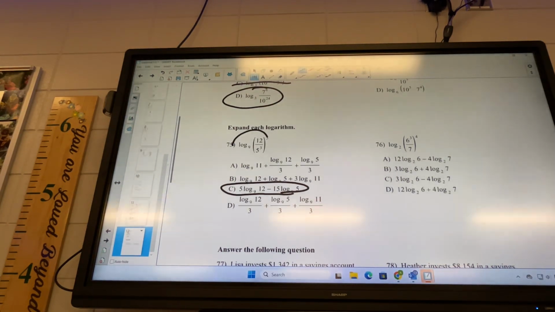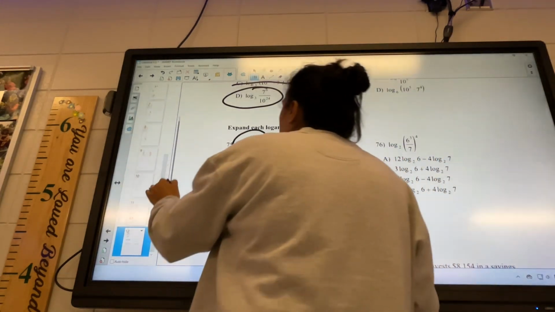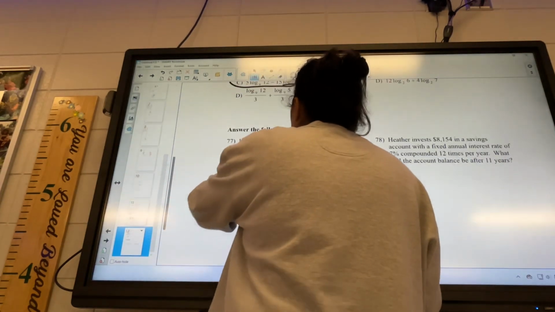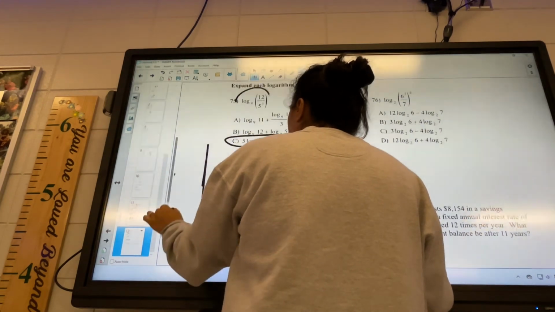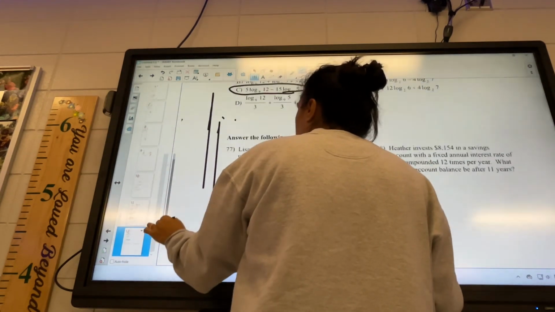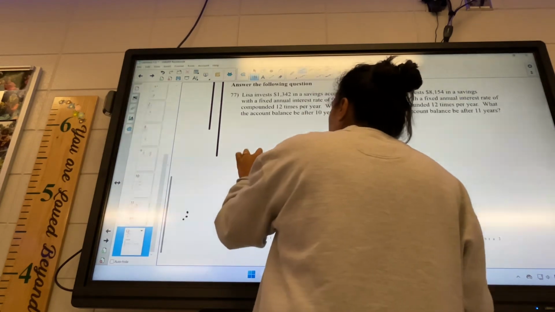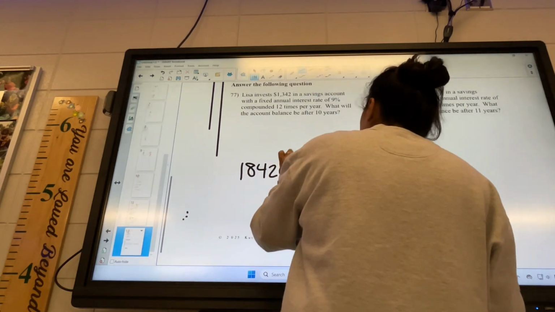And then 77, Lisa invested 1842 in a savings account. Okay, so mine looks different than yours because I just wrote on the paper, but 1842 times one plus what?